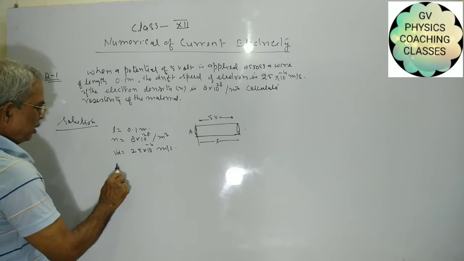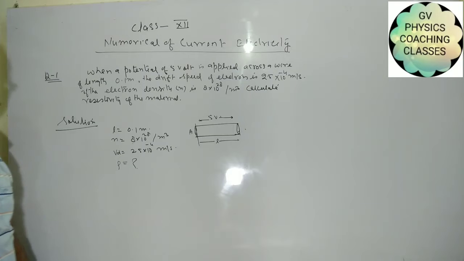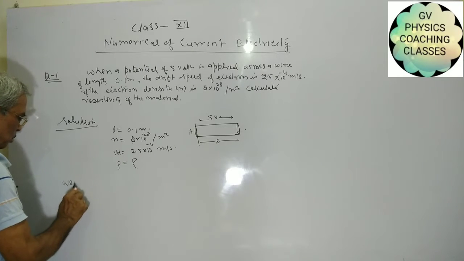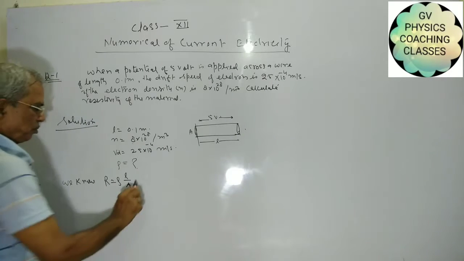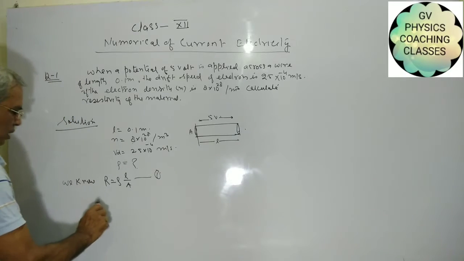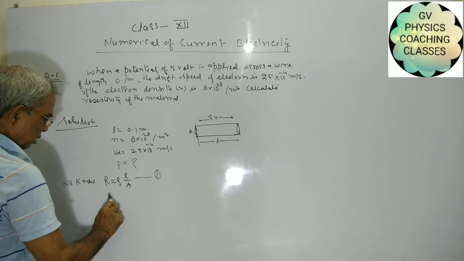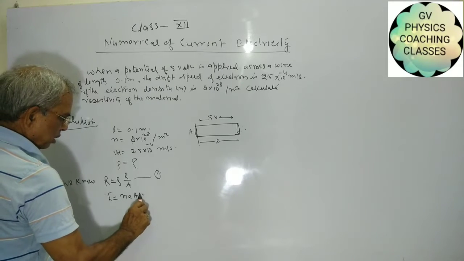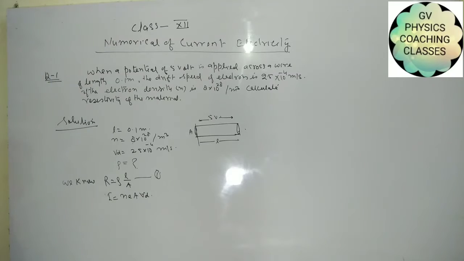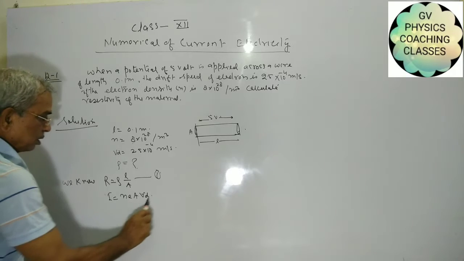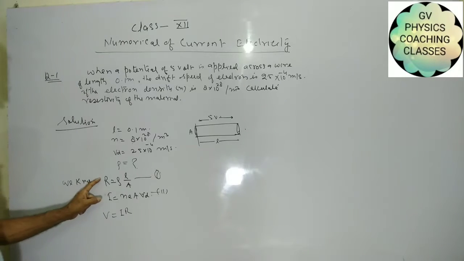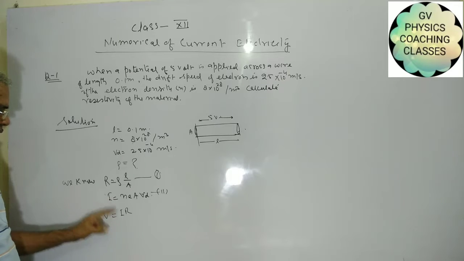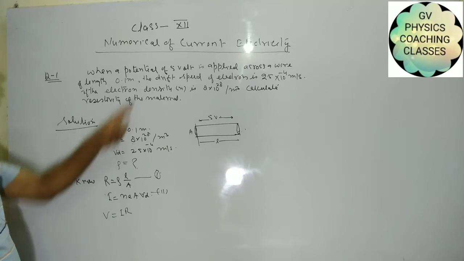Since we have to find the value of resistivity, we know R equals rho L upon A, and I equals nAeVd, and V is equal to IR.